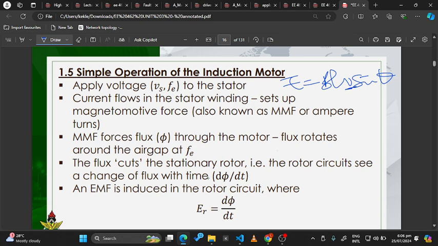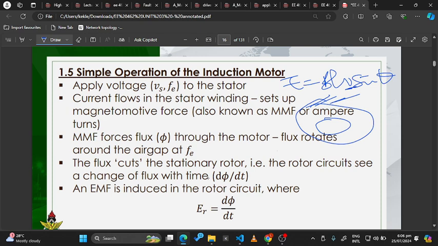Either the flux is moving and the conductor is stationary, or the conductor is moving and the flux is stationary. In synchronous mode, please listen, we said the working field is on the rotor, and the armature is on the stator.